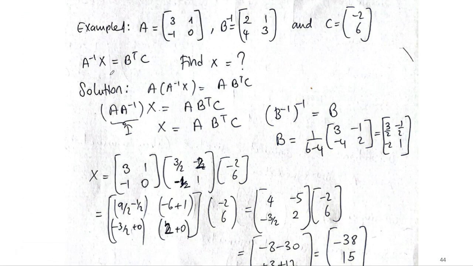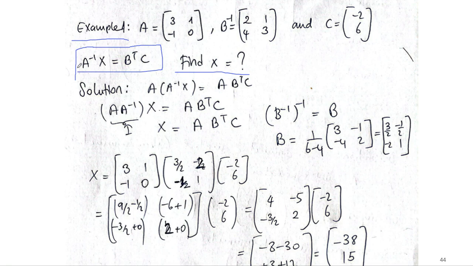In the next example, we are given matrices A, B inverse, and C. Furthermore, we are given an identity that tells us A inverse times X equals B transpose times C. Given all this information, our goal is to calculate X. First of all, we can separate X from this identity.